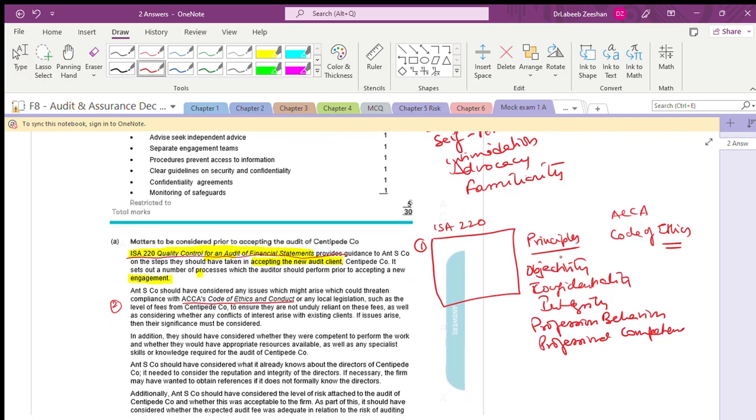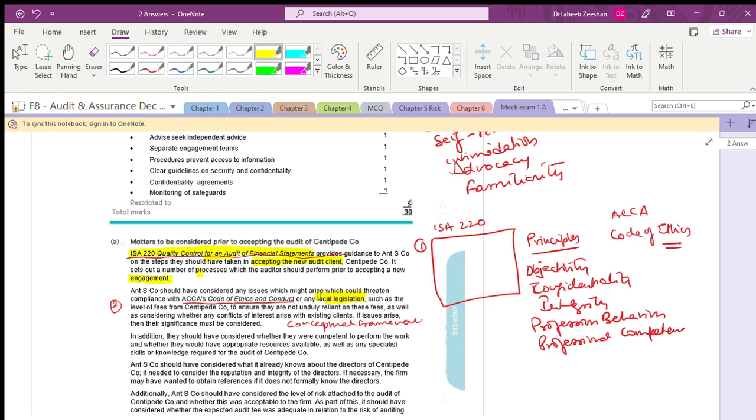And the conceptual framework also, is it right? We have to take it into consideration. Here they have mentioned any local legislations, IFRS, ISA.